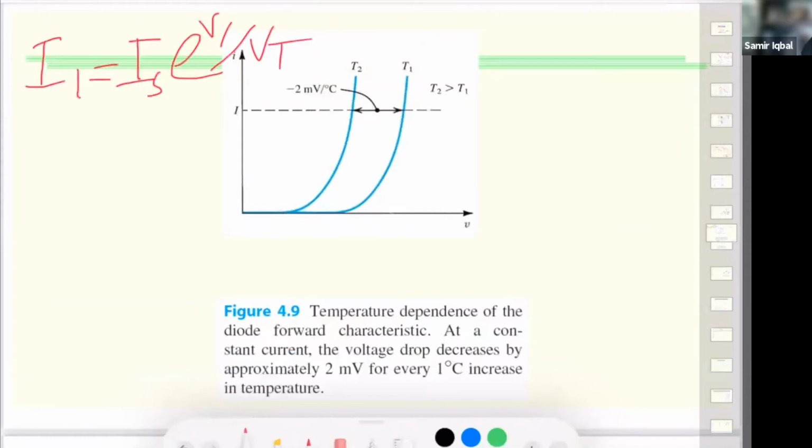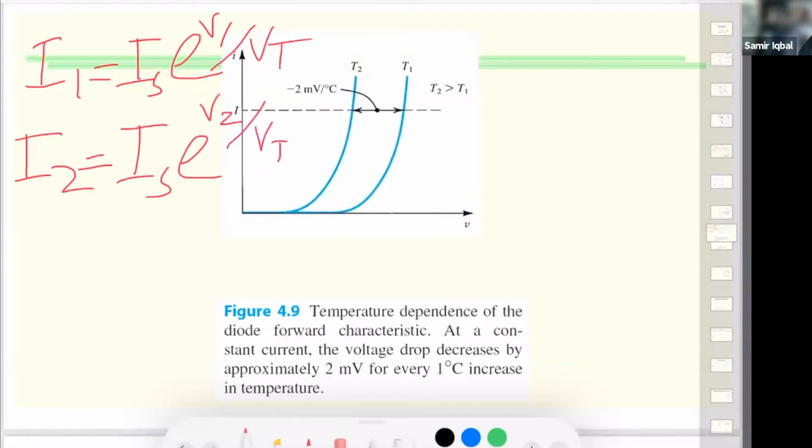And let's consider another voltage where we get another current, we call it I2. So same relationship, but now instead of V1, I write V2. I'm trying to see what is shown in this figure also, that if there is a small change in voltage, how does the current behave with respect to that?